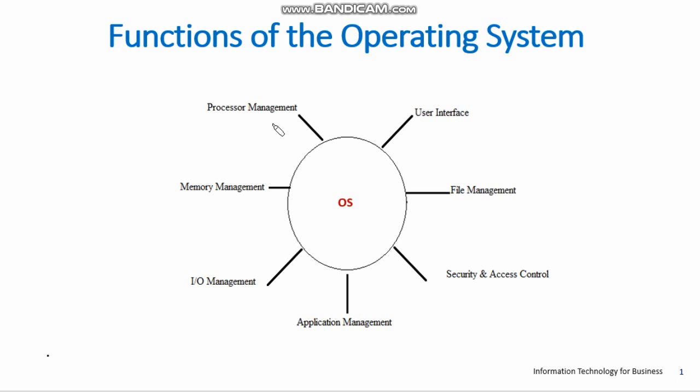So we saw managing processes, managing the computer memory, allocating it well, managing the input-output devices using device drivers, managing the different applications running on the computer using APIs, providing a GUI based graphic user interface to the users, managing the information using files and folders, managing users, giving access, controlling access. So these are the functions of the operating system. I hope it's clear. Thank you.